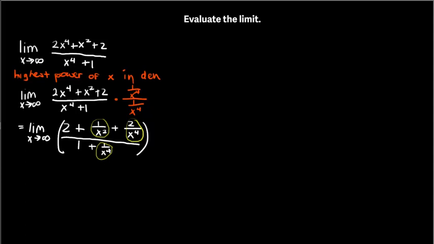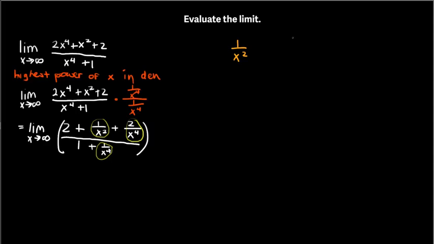Now, let me explain why. Let's take the case of 1 over x squared, from here. When I evaluate just this as x approaches infinity, what are we going to get? We're going to get 0. But why?